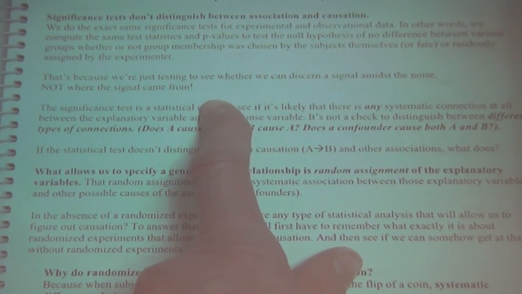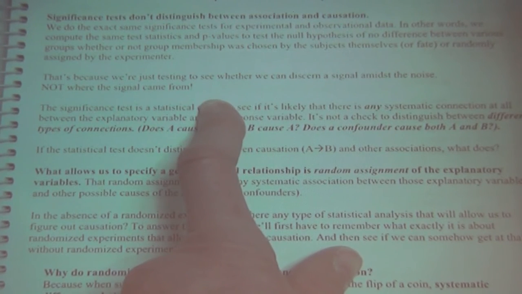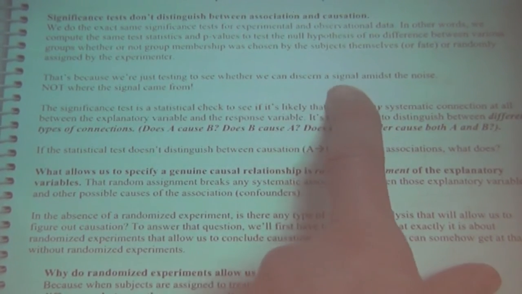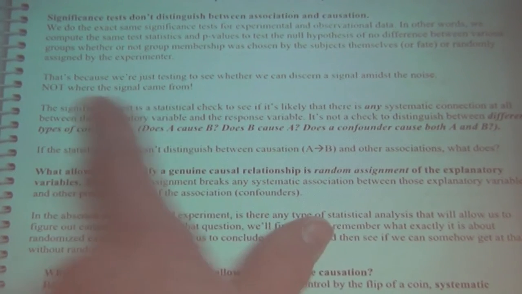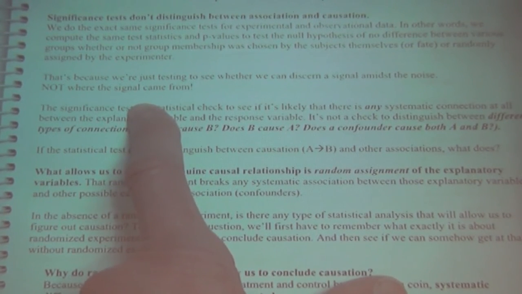That's because when we're doing a significance test, one way of thinking about it is that we're trying to see whether we can detect a signal, some pattern amidst the random variation, or not, but not where the signal came from. We're just saying, is there a pattern there?